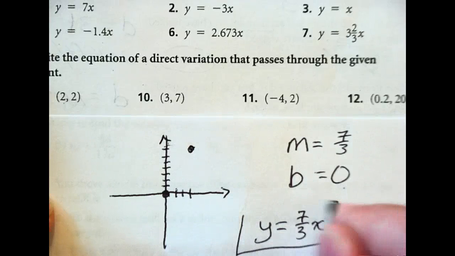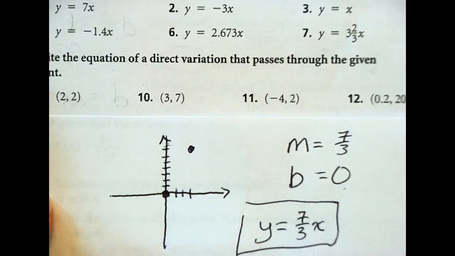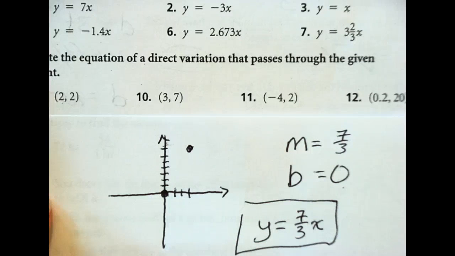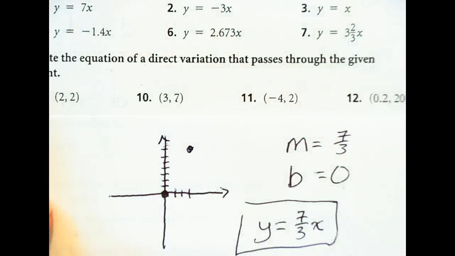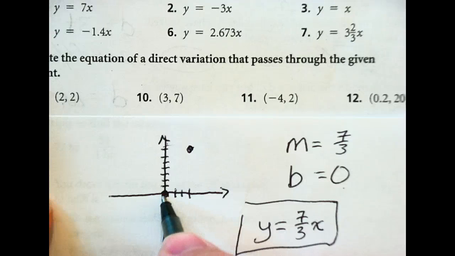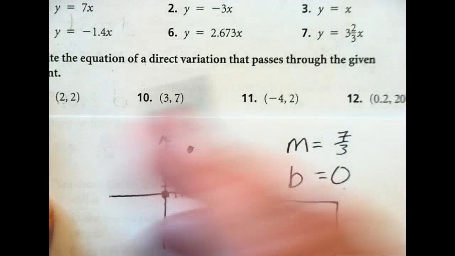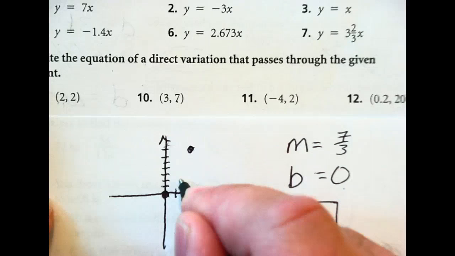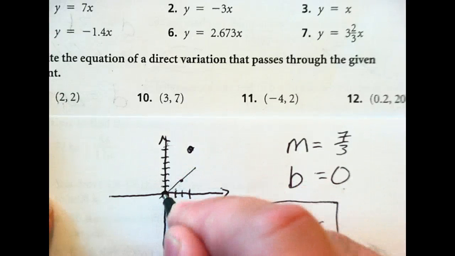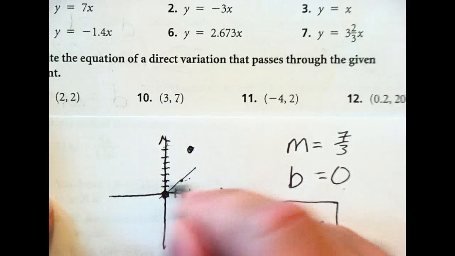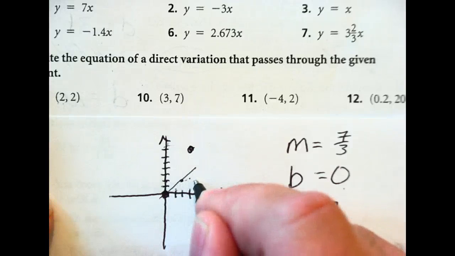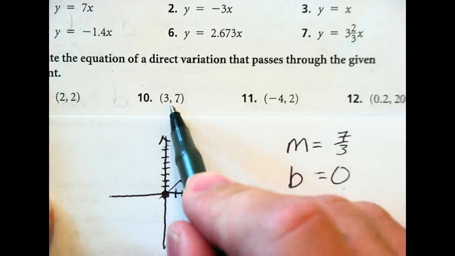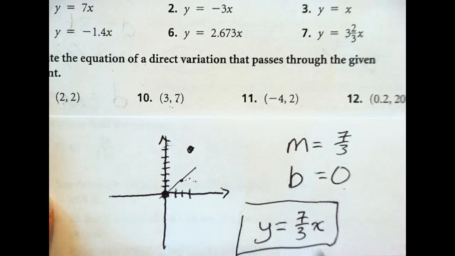Now, where could I have got that 7/3 from? The point. Yeah, it's always going to be like that because this is one of your points, no matter where you put it. If you put 2, 2 in for the next one, well, here's my line now. My rise and run is 2 over 2, or 1. My slope is 1. Okay? Y equals mx plus b. Y equals 7/3.